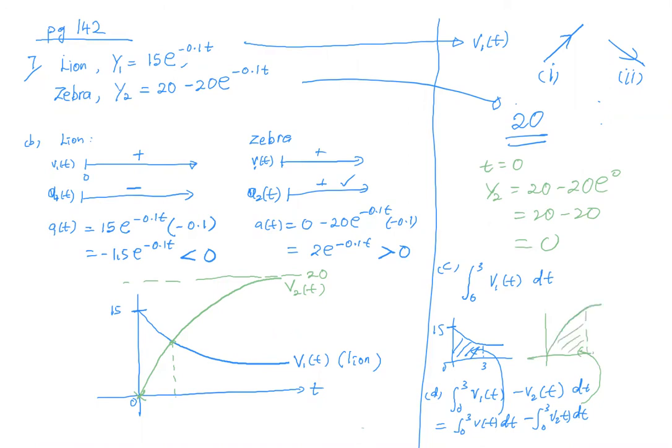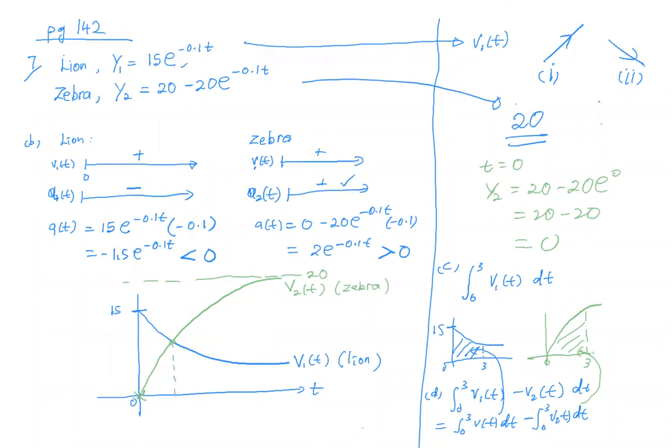Am I right? So what is the meaning of this whole thing? It will be the difference between the total distance traveled by the lion and the zebra. Am I right? Can someone tell me what is the point of intersection?